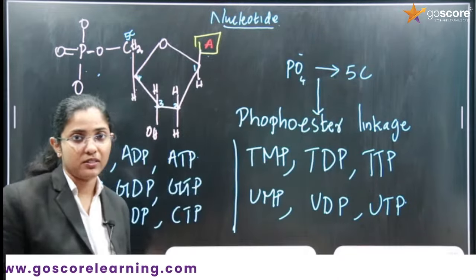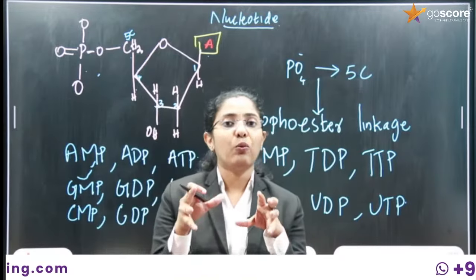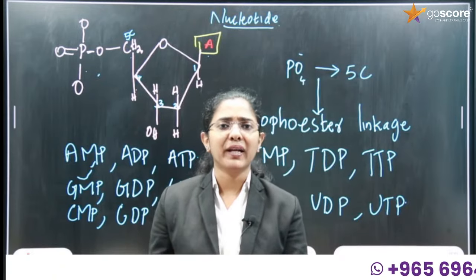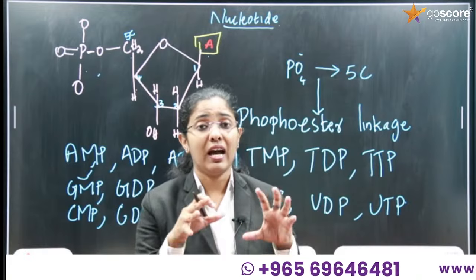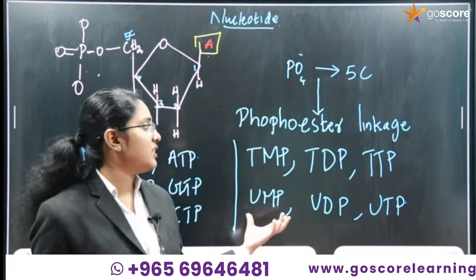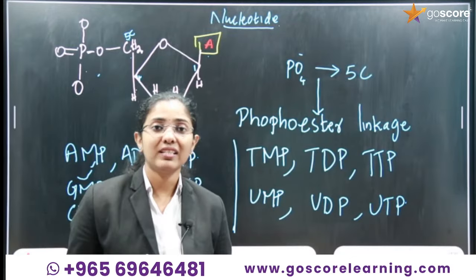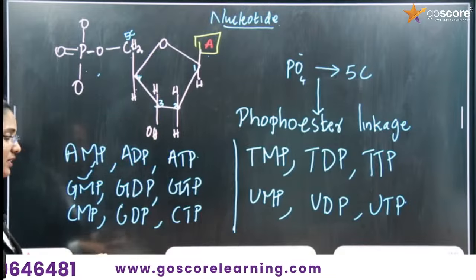I think it is in the biotechnology chapter. When we are dealing with that, we have to add some nucleotides into it. So we'll be using the terms UTP, GTP, TTP, etc. So it is easy to understand what TTP, UTP, ATP, GTP and CTP are.